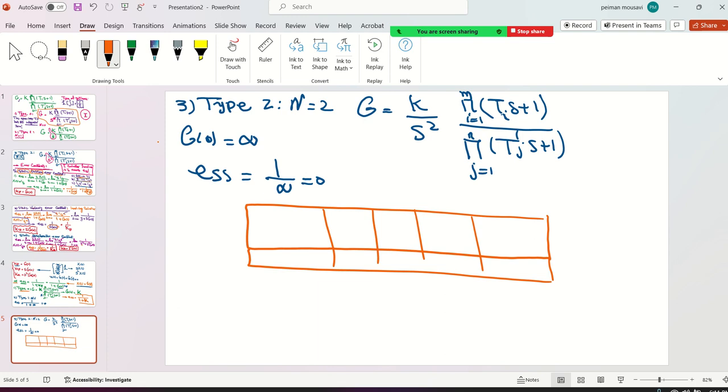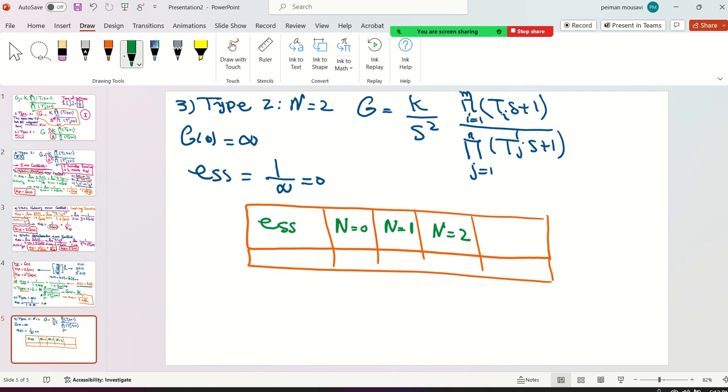Type 0, n is 0. Type 1 and type 2. And we are talking about the steady state error signal. You got it?